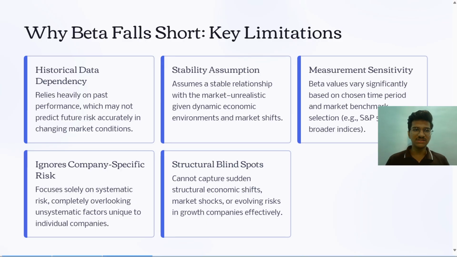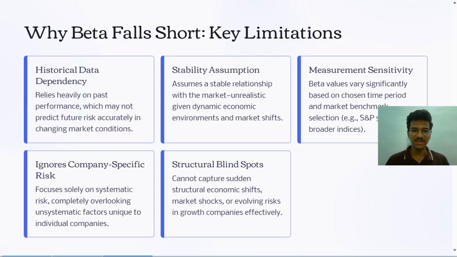So what are the limitations of beta? Beta has several limitations. To list some, first, it is based directly and single-handedly on historical data. So what does historical data mean? All the calculation of beta, all the risk assessment, is done with prior knowledge. So rather than predicting the future, it is using history as the core value for making predictions.